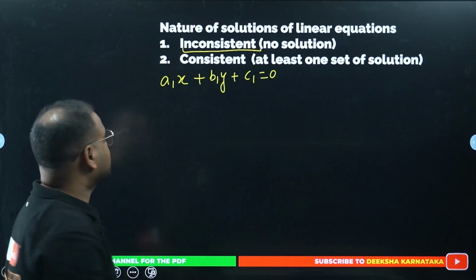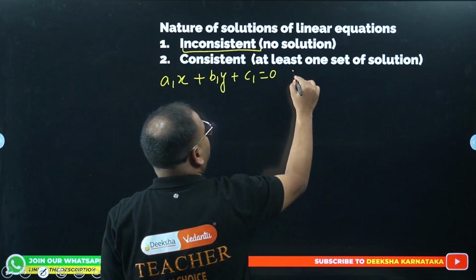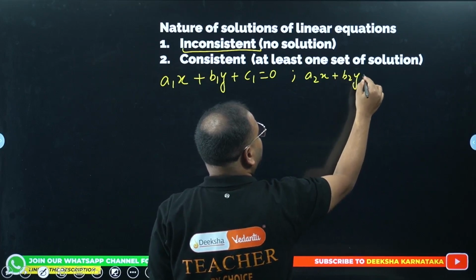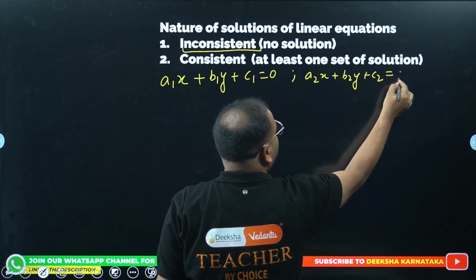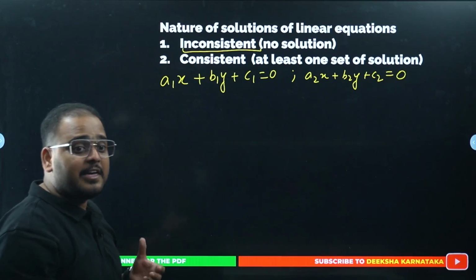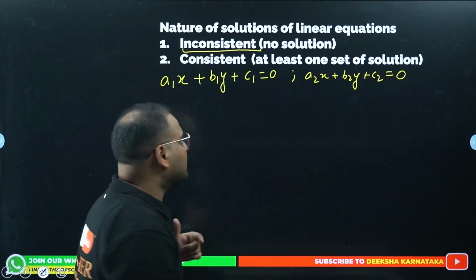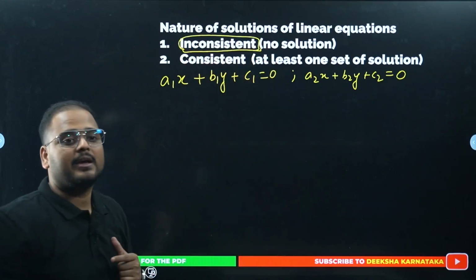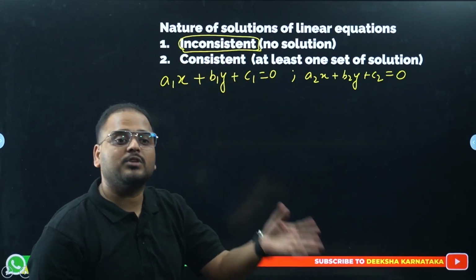What about the second equation? Very simple, sir. a2x plus b2y plus c2 equals 0. If the two equations have no solution, we call them inconsistent.